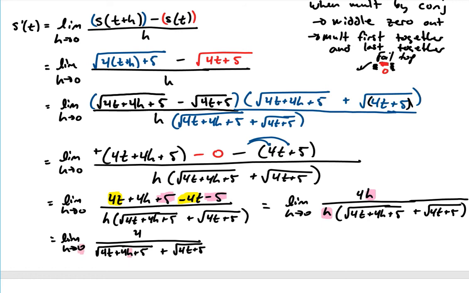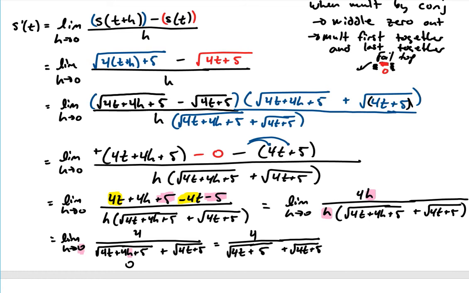So I can write this as just 4 over the square root of 4t plus, well, this 4h does become just 0. So it really is 4t plus 5 is the only thing in the square root now. And then we still have plus the square root of 4t plus 5.